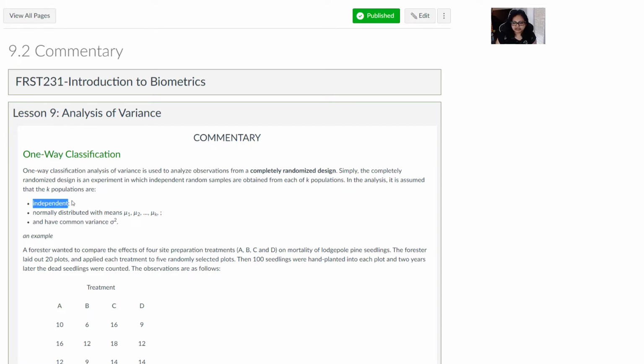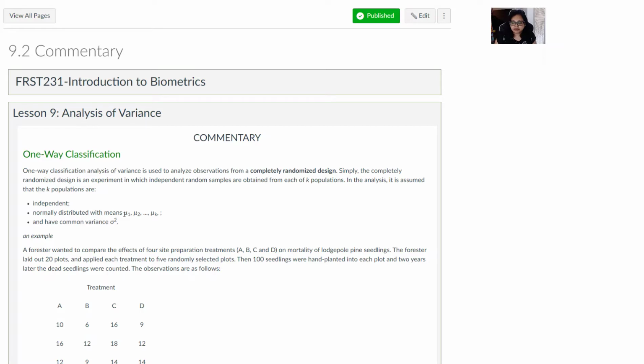And we are assuming that the observations within there are independent. Also in each of those populations, we have means, mean 1, mean 2, and so on, the population means, and they are randomly distributed.